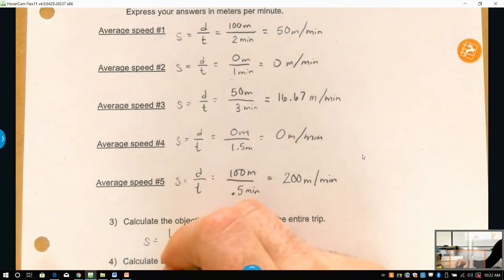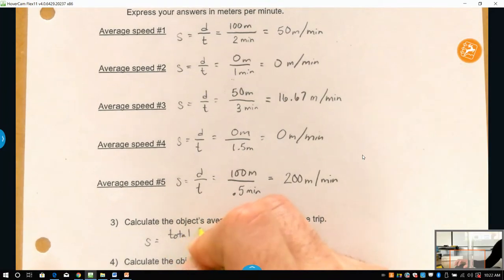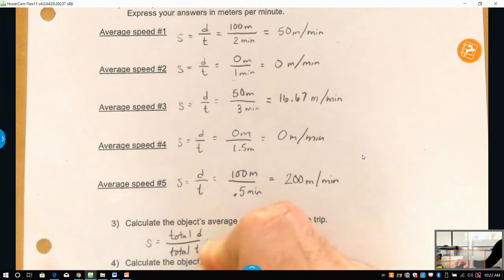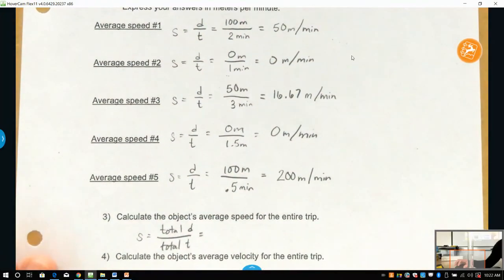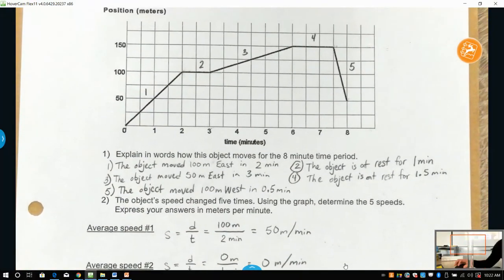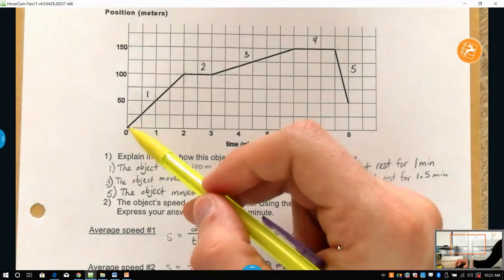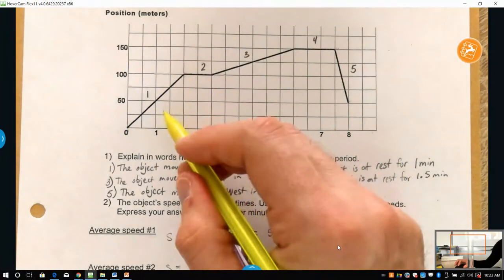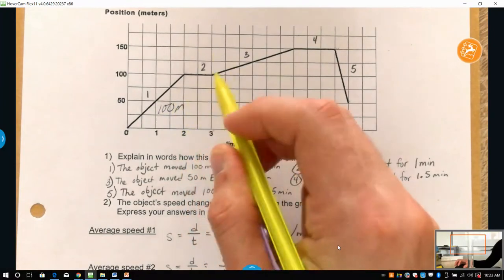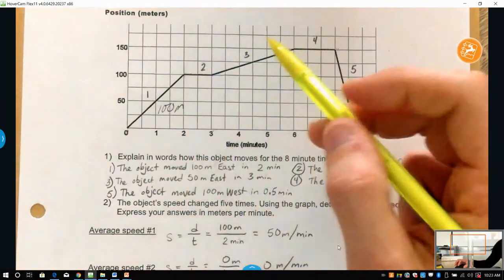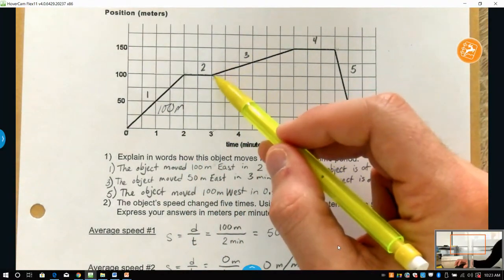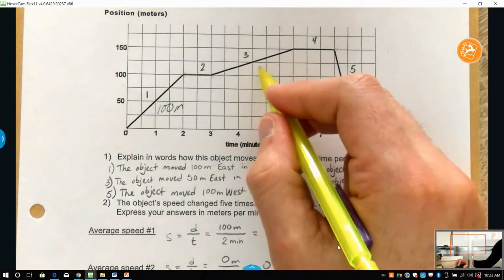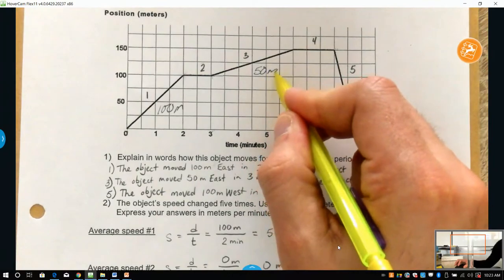Now, when you ask to calculate the average speed for the entire trip, that's your total distance over the total time. So how do we determine total distance? Well, when we broke it up as line segments, for the first line segment, we went from 0 to 100. So underneath, I'm writing 100 meters. In 2, we didn't move anywhere. In 3, we went from 100 to 150, so we moved 50 meters.